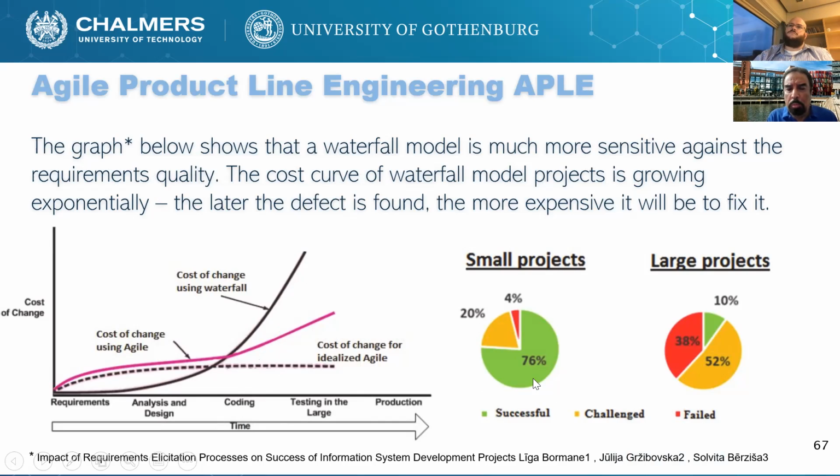The second argument is about the size of the project. I'm talking about companies that have projects of 10 million lines of code and above. As you see from the industry history and profile, small projects have less failure because they are small, simple, and easy to control. But in large projects, the failure is about 38%.